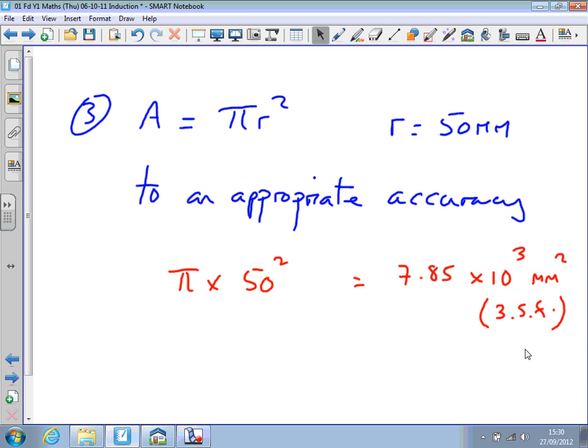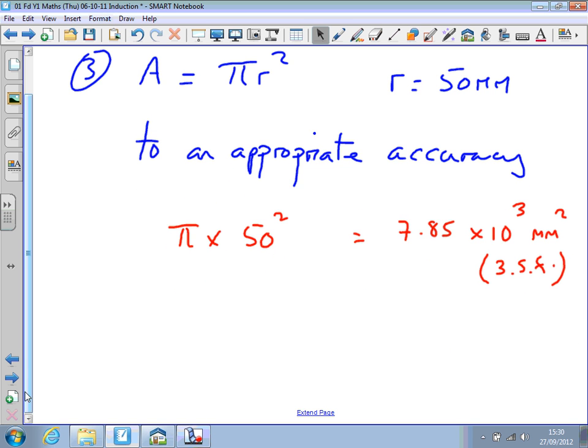So issues around this. If I do this calculation, you get this 2,500 pi. That's an exact answer, but pi is not an exact number in decimals. So this calculator will give you the exact answer, which is 2,500 pi.